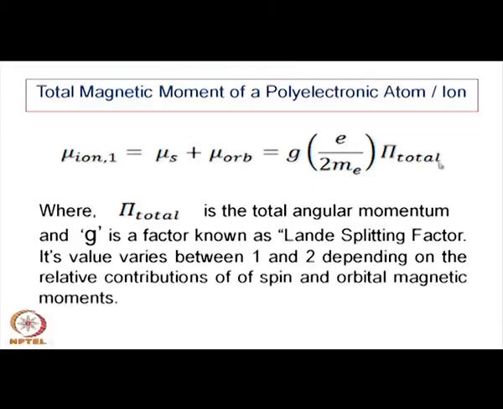This is an expression for the total ion having one electron: mu equals G multiplied by e over 2 m e. Here e is the electronic charge, m e is the mass, and G is known as the Landé splitting factor, once again a constant. It is a value varying between 1 and 2 depending on the relative contributions of the spin. I am sorry, there is a mistake over there.